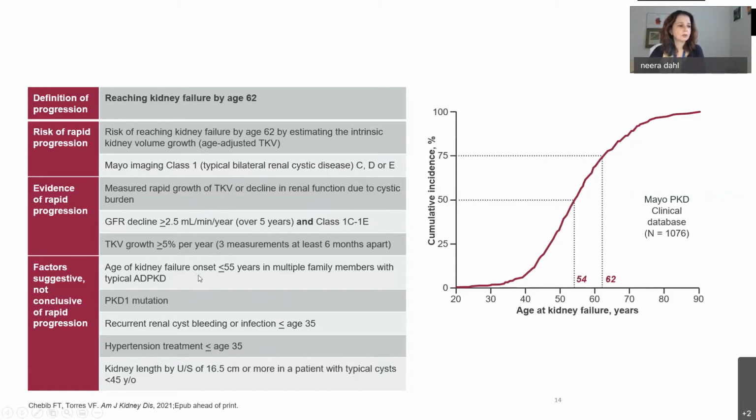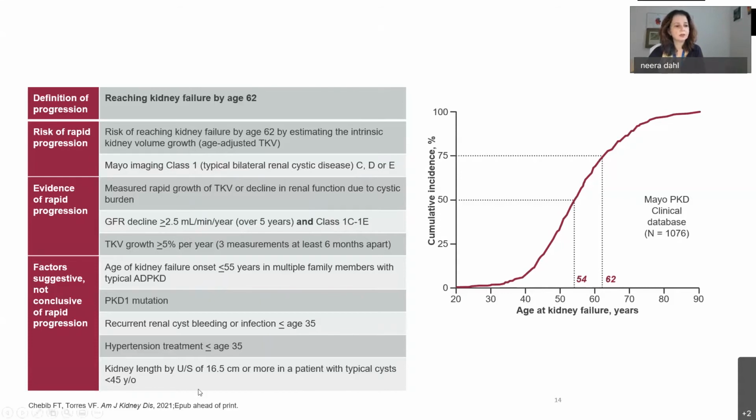onset of end-stage renal disease before the age of 55 is associated with a PKD1 mutation. And PKD1 mutations generally progress to end-stage renal disease faster than PKD2 mutations. And then there can be some clinical features, so hypertension before the age of 35 or a urologic event before the age of 35 is associated with an increased rate of progression.